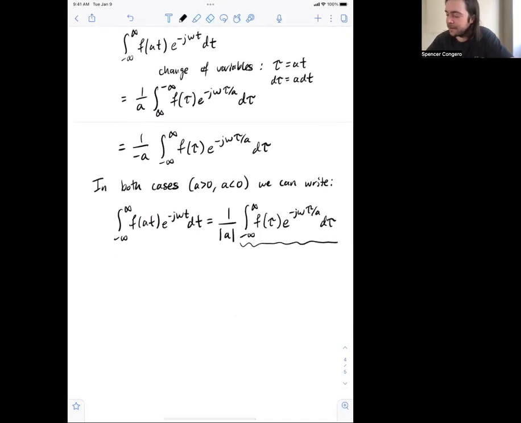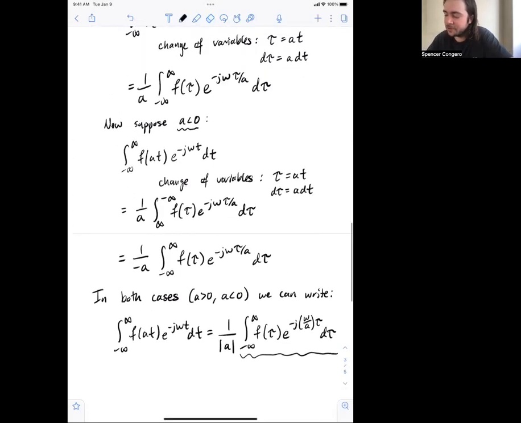And now what do we have here? Let me rewrite this exponent a little bit. Let me group the divided by a with the omega. I'm going to write this as omega over a times tau. I just took this divided by a and grouped it with the omega. And now we can see that this is exactly the Fourier transform of f, just evaluated at omega over a.